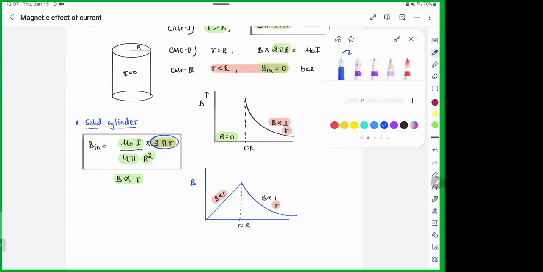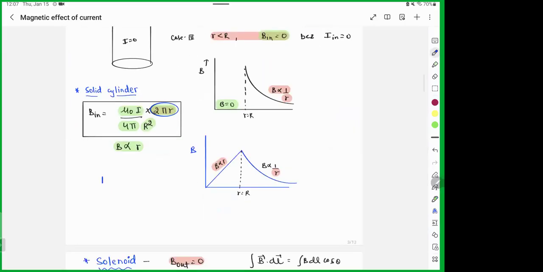I will draw a solid cylinder. Okay, the solid cylinder. And because it is solid, it is completely filled, not like the hollow cylinder.